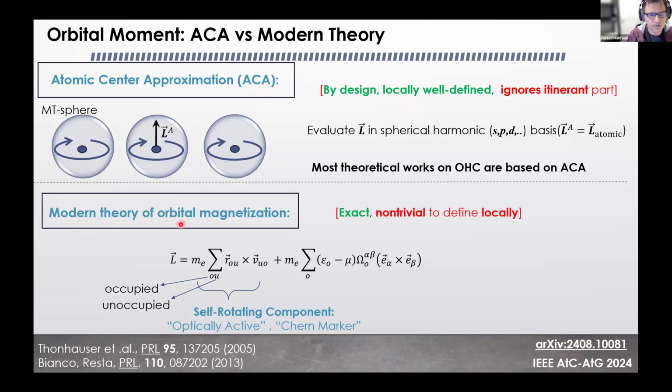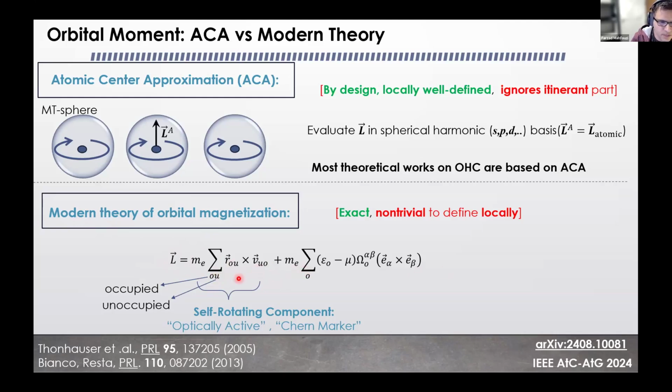But the modern theory of orbital magnetization is by definition exact. It has everything that needs to be included, but there's a problem. It's not trivial to define it locally, and so when you write down the expression for the orbital moment in modern theory of orbital magnetization, you can decompose it into these two terms.